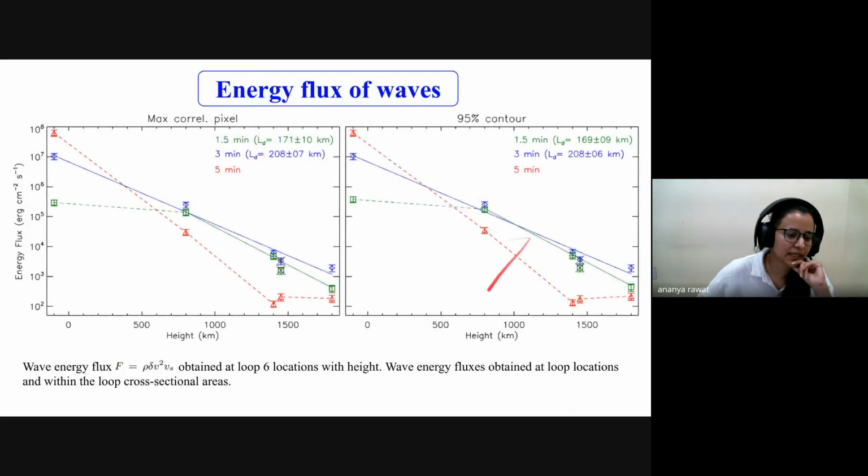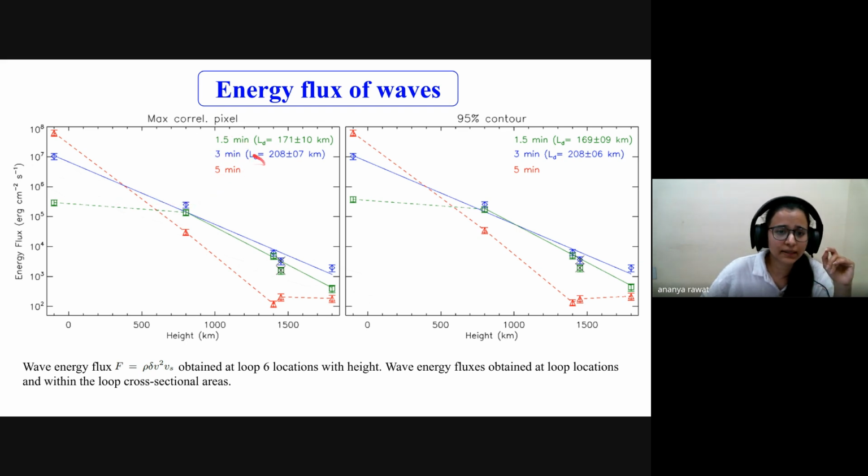To calculate the wave energy flux we are using this formula, and we see that the wave energy flux is decreasing along the solar atmosphere with height.